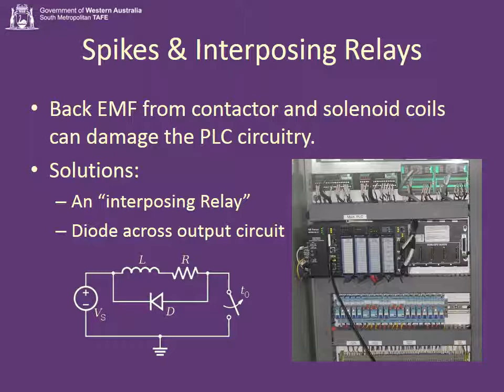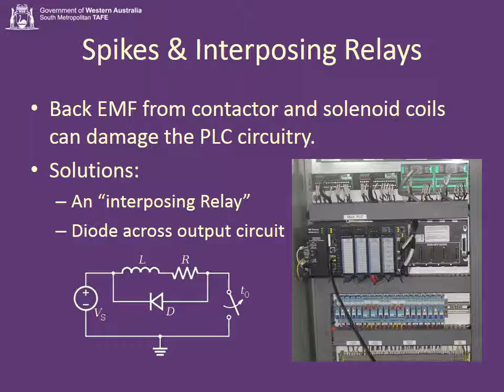And that opens up the contactor or the solenoid or whatever. That's great. The problem then comes up when we switch the power off. When we switch the power off, the coil ceases to be an electromagnet, and the big magnet, which is the core of the contactor, moves.